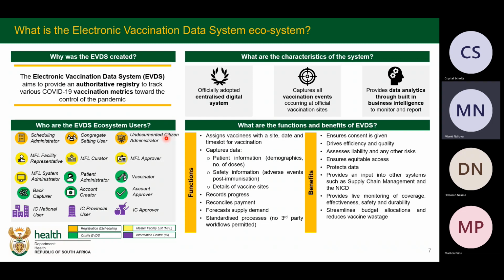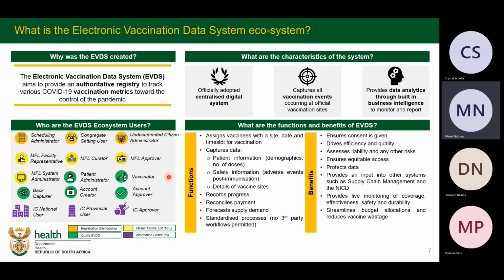At the top here, the orange color represents users that belong to the registration and scheduling component of the EVDS. Then the yellow color, which is next here, represents the master facility list, also known as MFL. So these are the users that you find there. Then the green color represents on-site EVDS users.